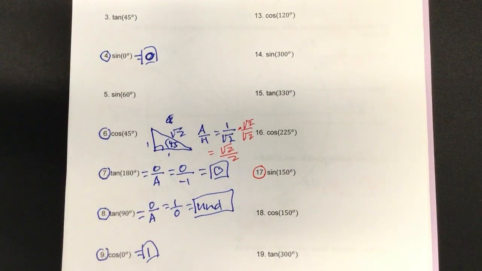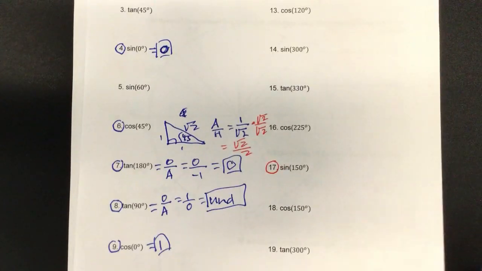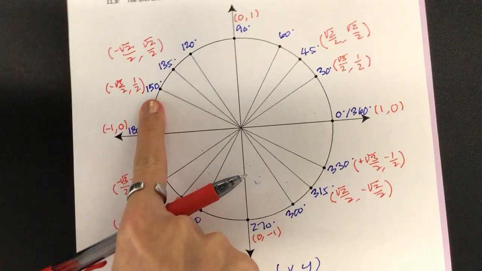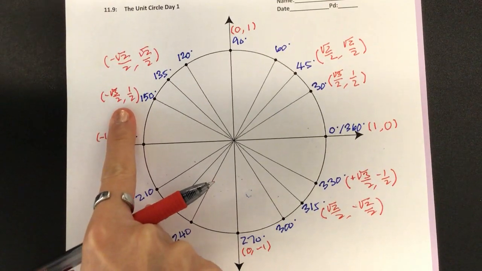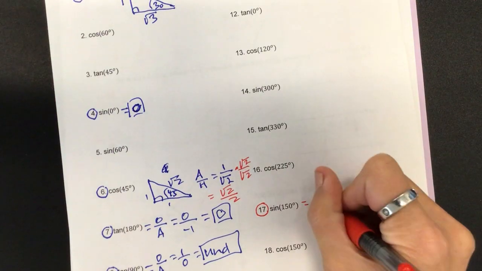Number 17 says sine of 150. Look at your unit circle. What value is that, sine of 150? At 150, what's my sine value? What's the opposite movement? 1/2, that's it.